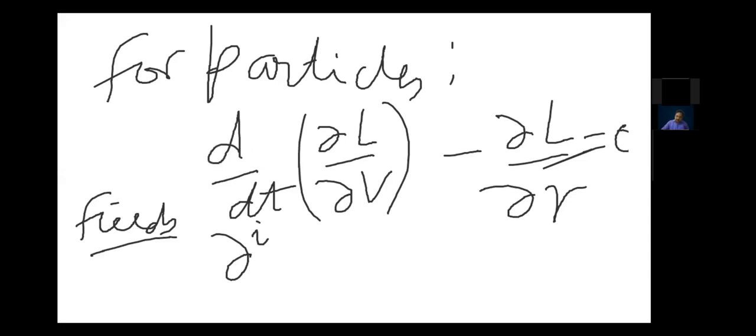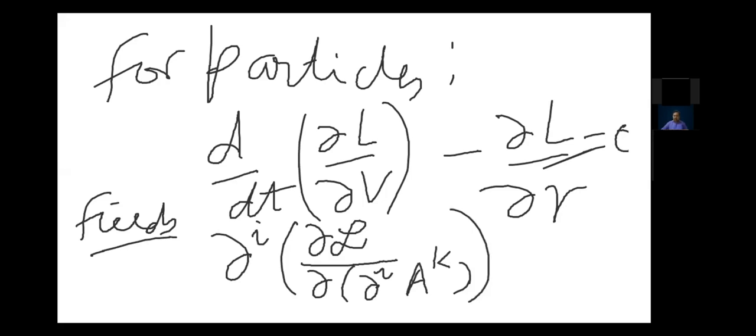Then you write del, and then L. This is the Lagrangian density, because now for fields you will talk about Lagrangian densities. And V is the derivatives of the generalized coordinates. These generalized velocities, as I already told you, would be written as del i A k.